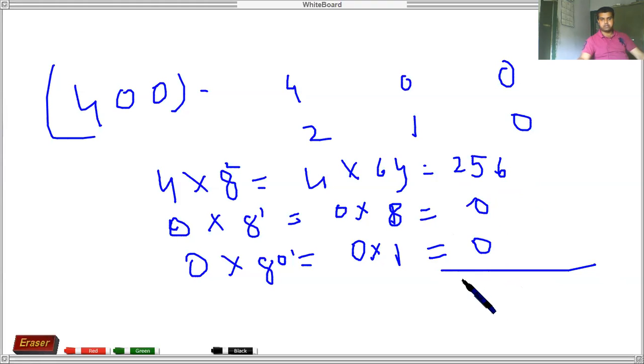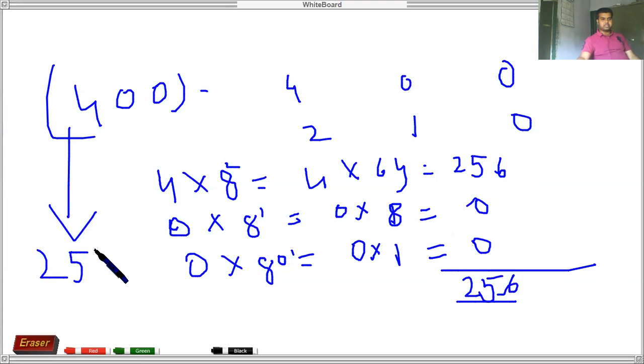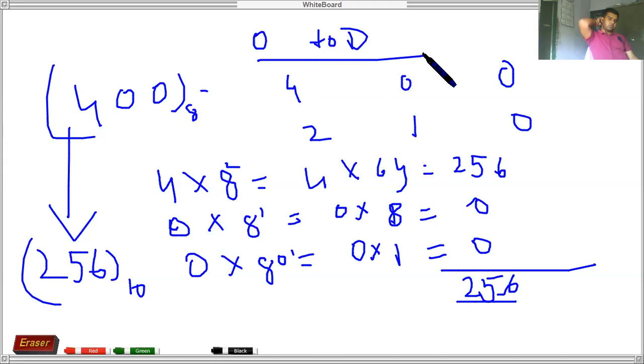Add up, you will get 256. So this 256 becomes decimal number. That means this was an octal number, and this is what you call octal to decimal conversion.